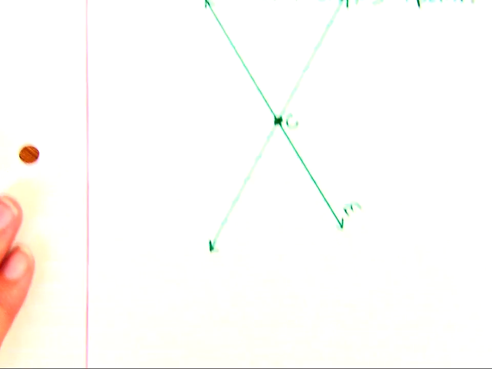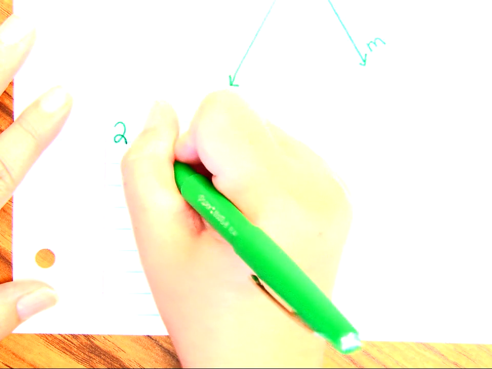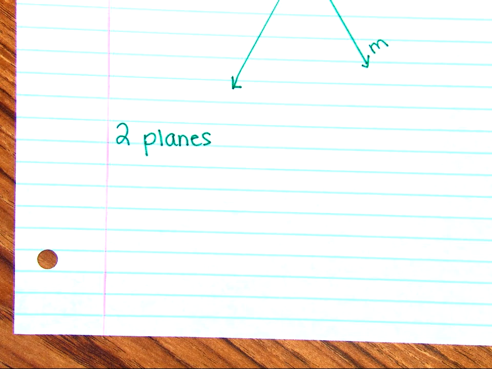What about two planes? Now, what you need to think about here, easiest example, is the intersection of the wall, so in the room you're in, one of the walls, and the ceiling. If you look at those, it doesn't intersect in just a single point.